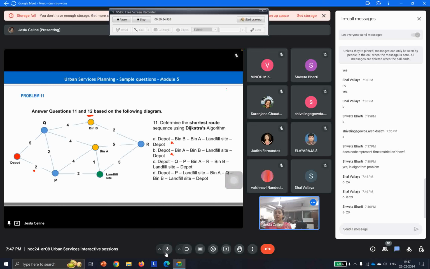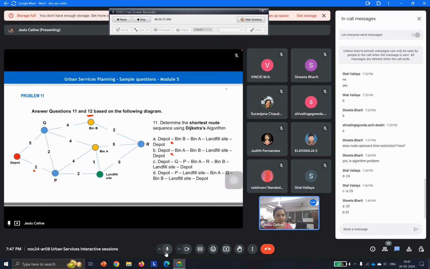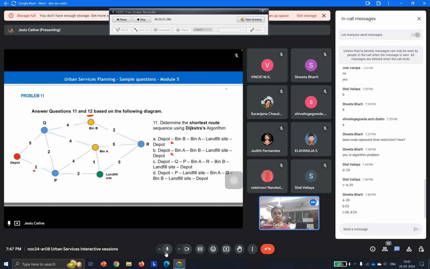B23, okay, if you do B, you get 23 also. So I think we have worked out everything, whichever path is taken. So someone says A20 and B23, both are correct. So the answer to this is C28 and D24.